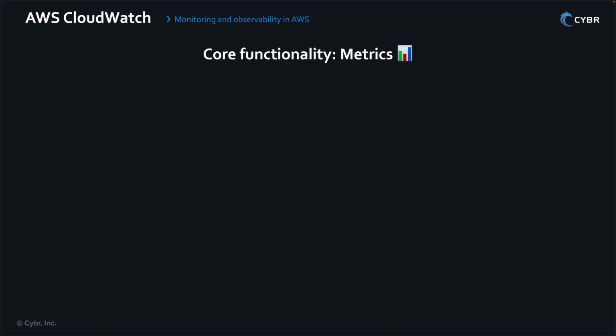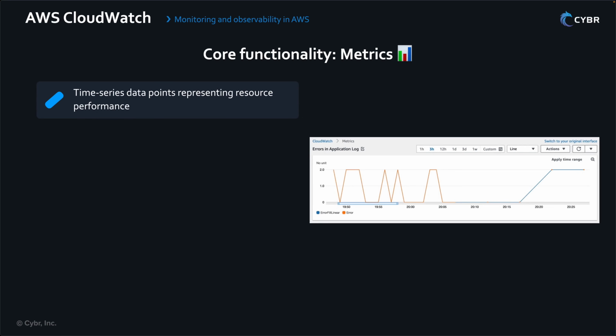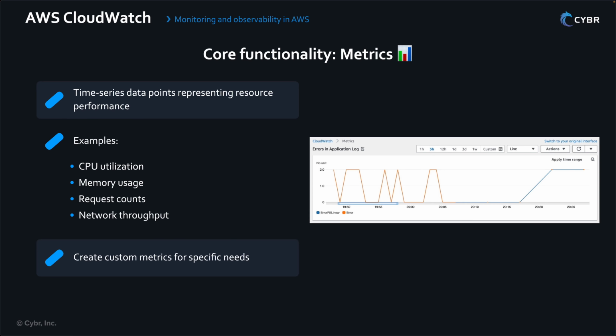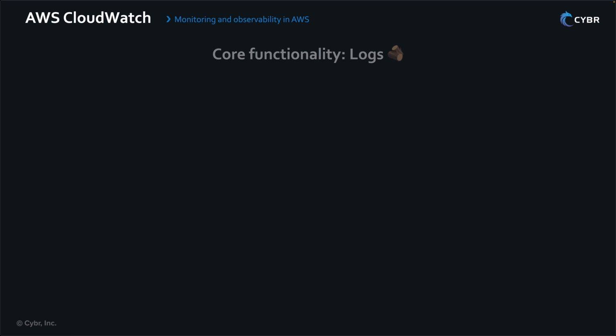The first one is going to be metrics. These are the time series data points that represent your resource performance. So we're talking about things like CPU utilization, memory usage, request counts, and so on. You can even create custom metrics if you find that the defaults are just missing some critical pieces of data that you need to be able to see for your various systems.